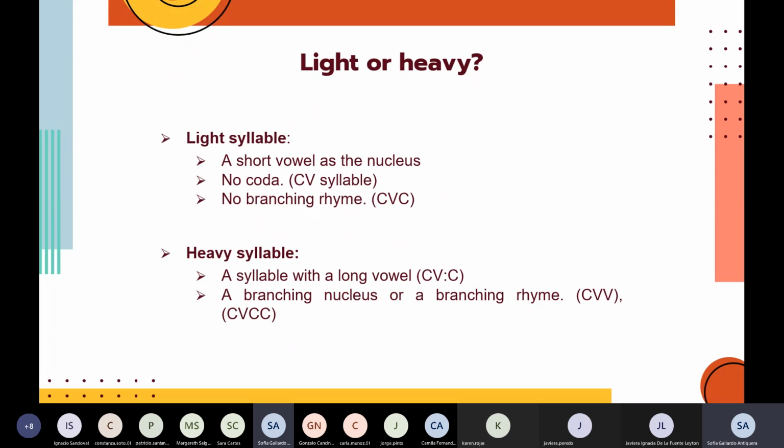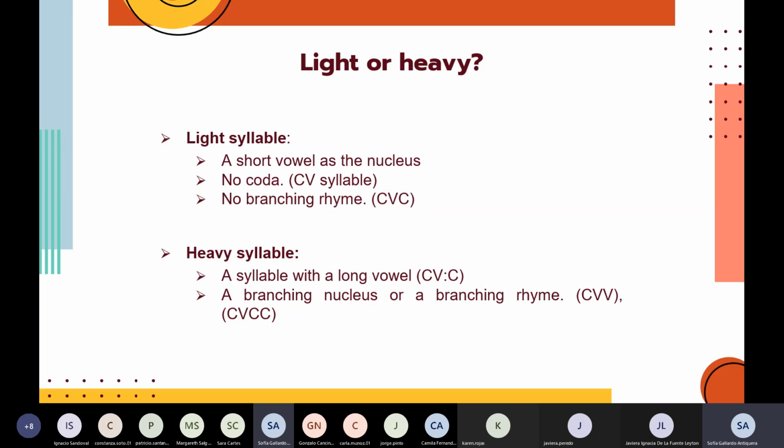Now, we have light or heavy. This might be a little bit more complicated, but it's not really difficult. For light syllables, you will always find a short vowel as the nucleus, and it would not have a coda. Also, it doesn't have a branching rhyme.